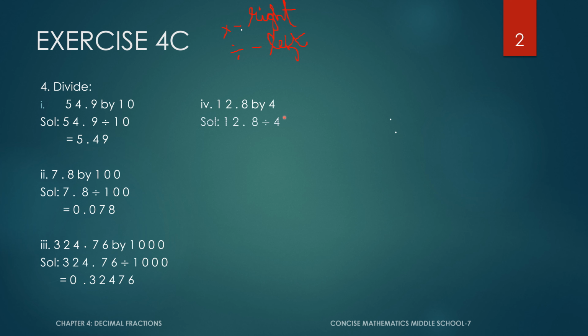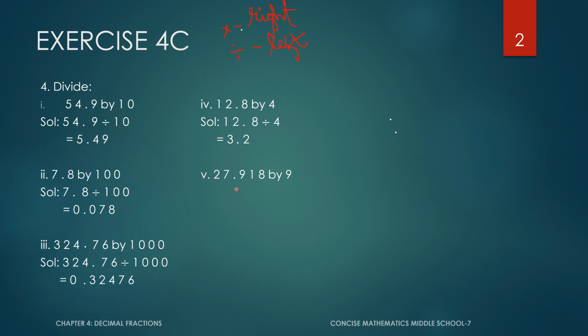In this case, just forget this decimal point, just consider it as 128. 128 divided by 4 will be 32. Right? Now, after this decimal point, how many numbers are there, children? Only one number, right? So consider a point over here. Now, after dividing it, place a point here. Move it one place towards the left. So here will be the point. That is 3.2 will be the answer.